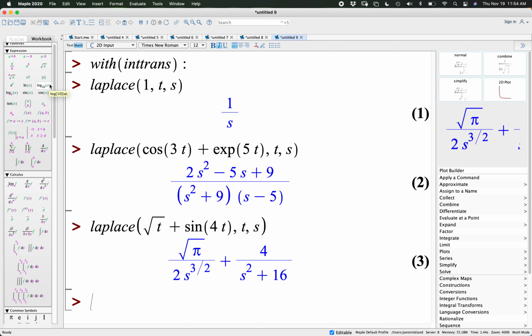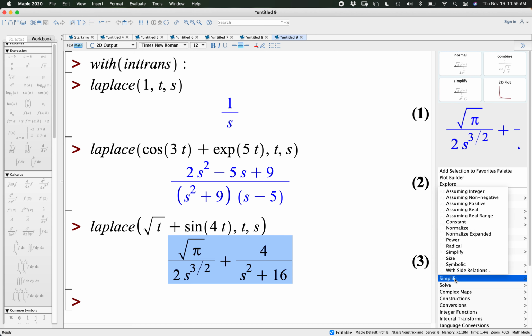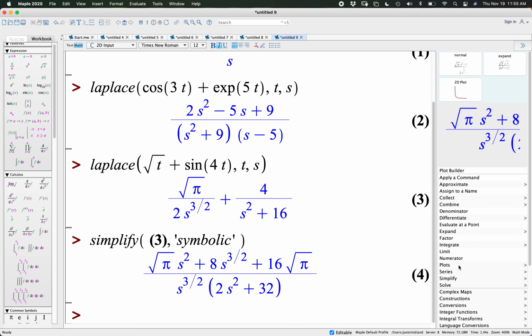This is the Laplace of the square root of t, and this I have with 4 over s squared plus 16. Now if you're taking these terms and simplifying, if I go with symbolic and want to make this into one overall expression, combining the fractions, you get this overall ratio.